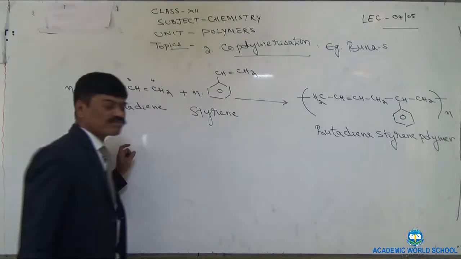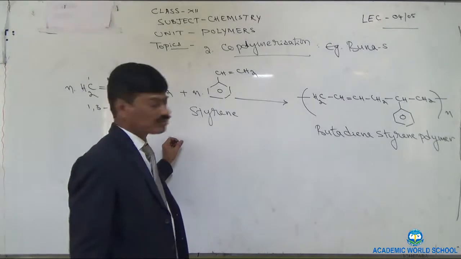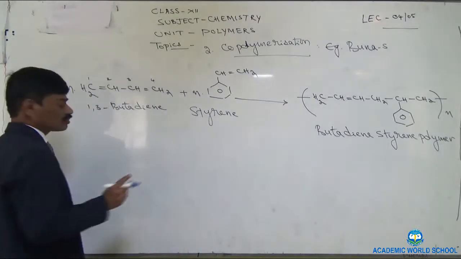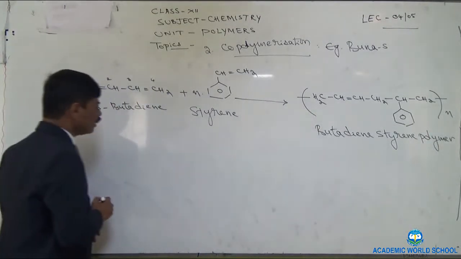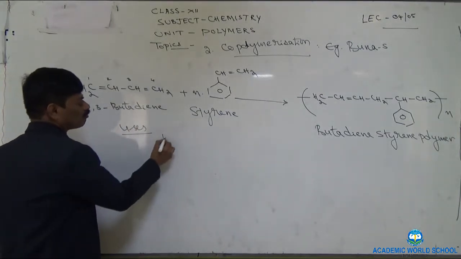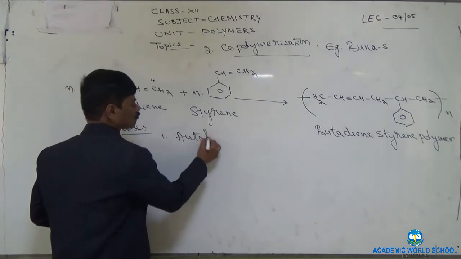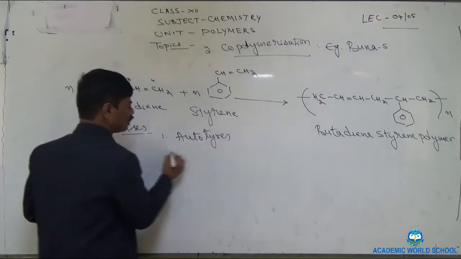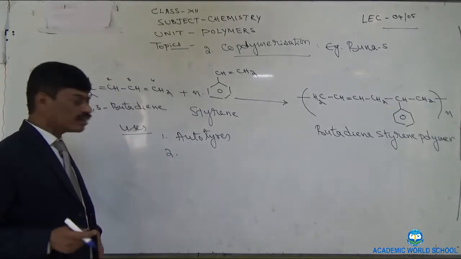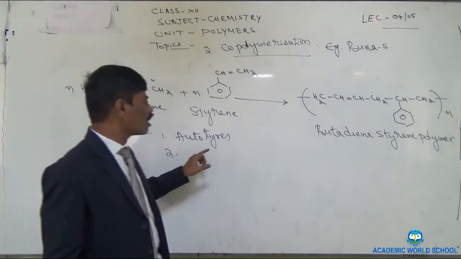And as far as property is concerned, it's a hard mass, right? Therefore, that is the property. Therefore, it is used in making of auto tires. Number 2, first one is it is used in making of auto tires.